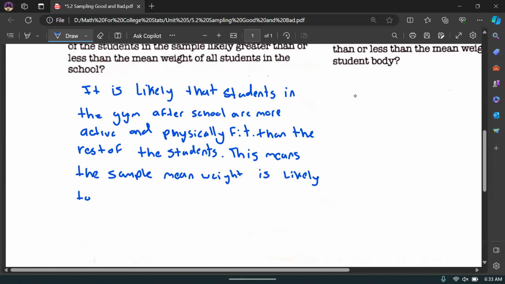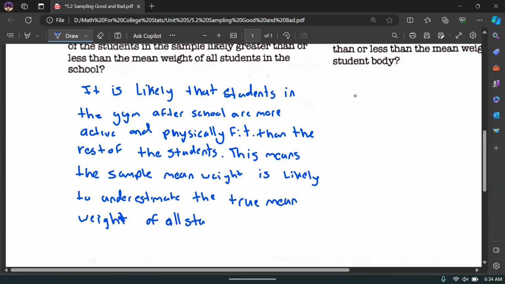If these students are more physically fit than students in general, then they're probably going to weigh a bit less than average. So it's likely to underestimate the true mean weight of all students in the school.